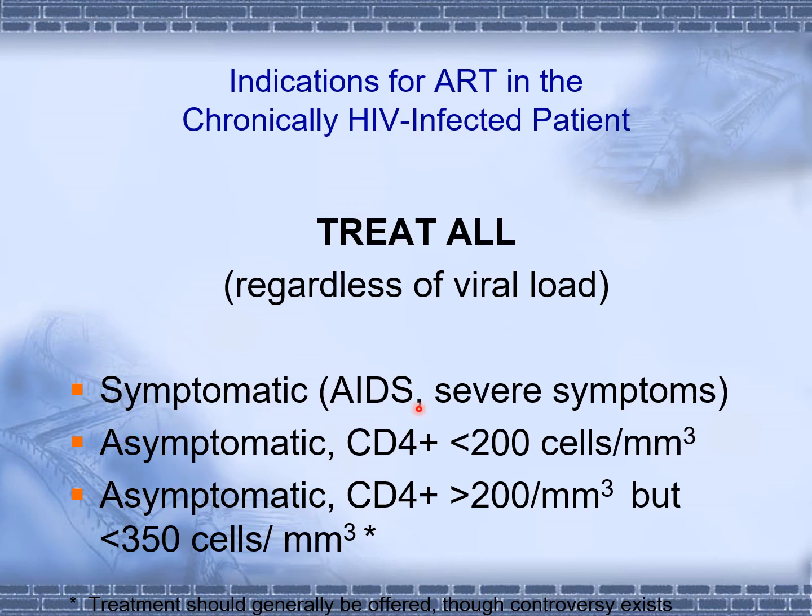Symptomatic are those having acquired immunodeficiency syndrome with severe symptoms. Asymptomatic with a CD4 count of less than 200 cells, and asymptomatic with CD4 count more than 200 but less than 350. So treatment should generally be offered to all the patients.